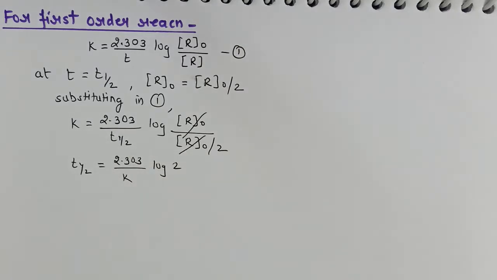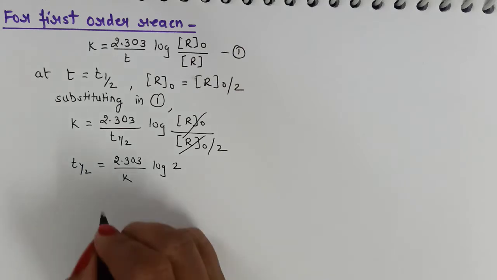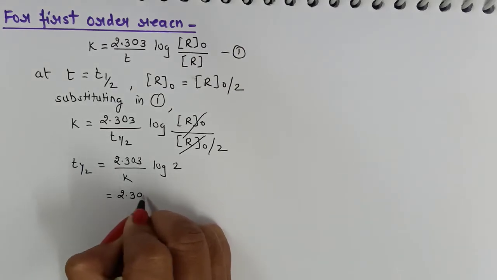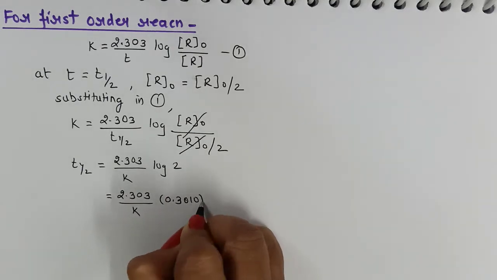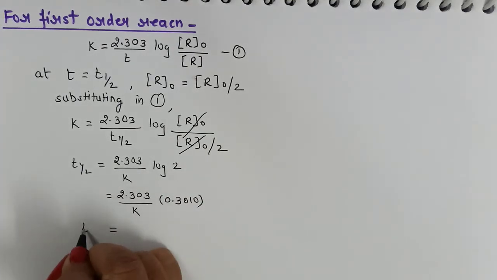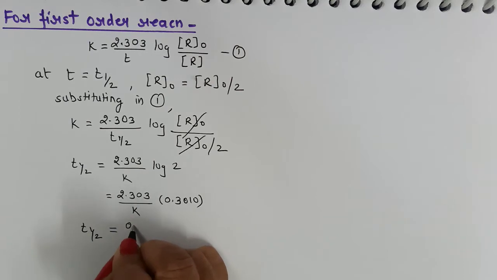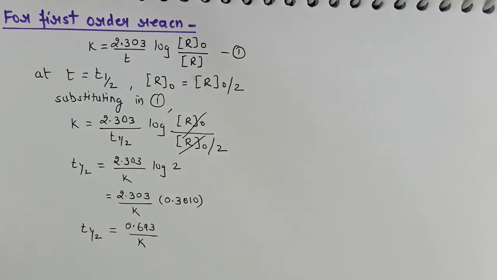We know the value of log 2, that is 0.3010. So 2.303 upon K into the value of log 2. Solving this, we get T half equals 0.693 upon K. This is the formula which will help you calculate the half-life time for a first order reaction.